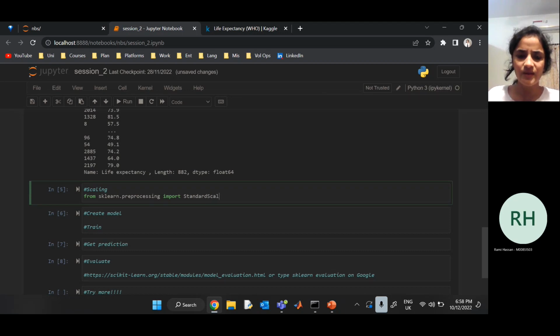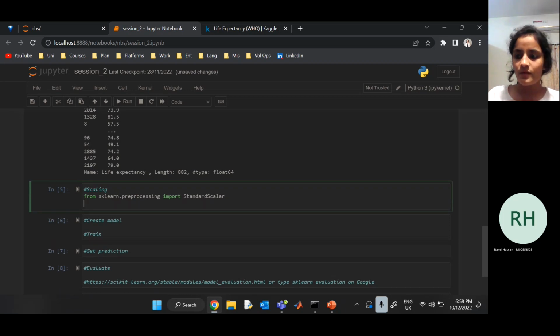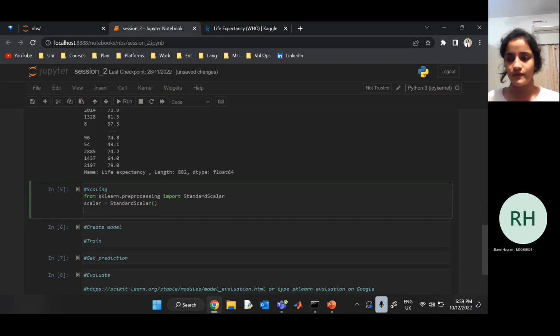There are different ways of scaling, like different values you scale between. StandardScaler does standardization, and it basically means bringing all values between 0 and 1. Okay, so we're going to create a scaler object, StandardScaler. Okay, we've created the object and we'll send in our x values.